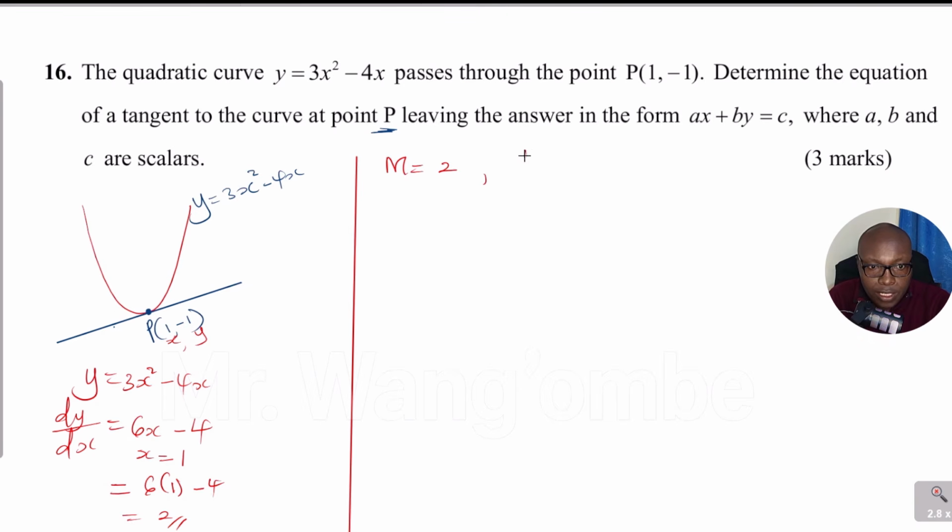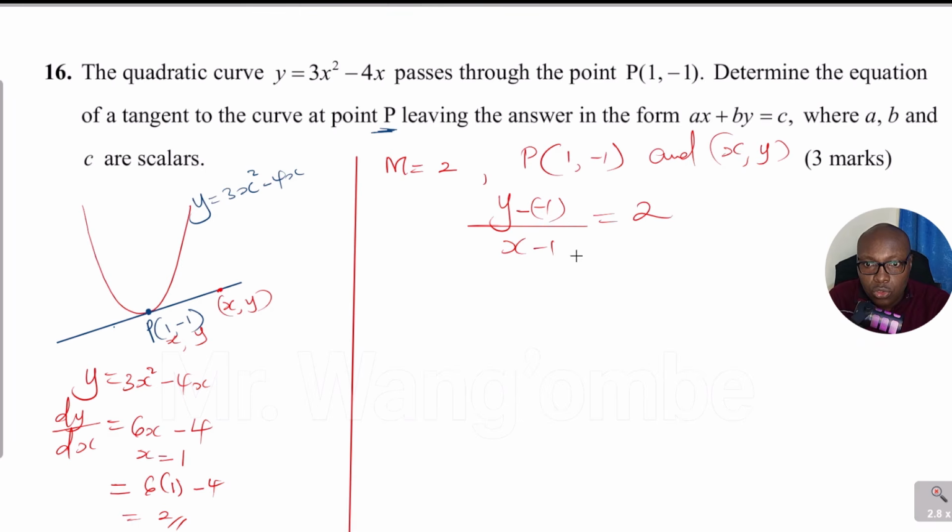It passes through point P (1, -1). Now we can get the equation of that tangent by introducing another general point (x, y) on that line, then using (x, y) and P to get the gradient. The gradient is given by y subtract negative 1, divided by x subtract 1, equals 2.